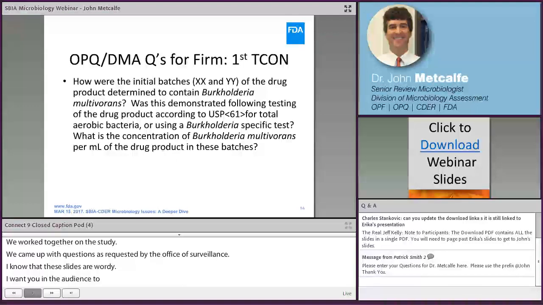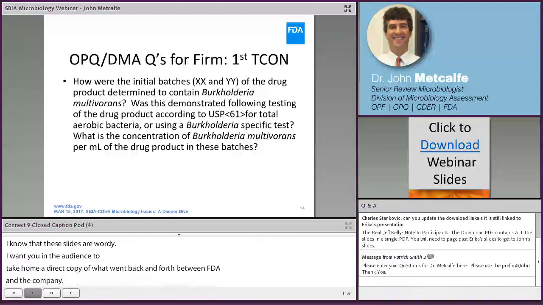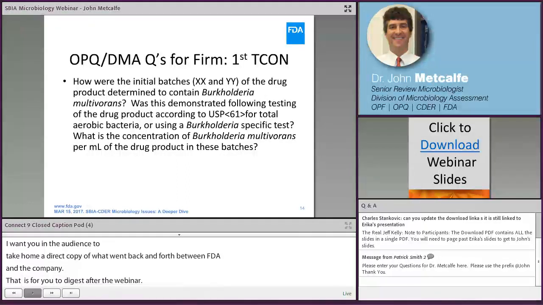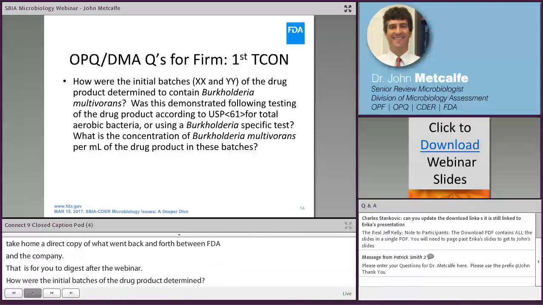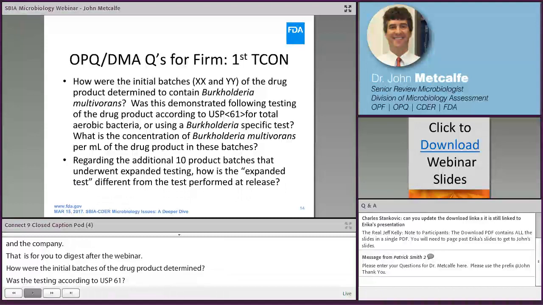First question, how were the initial batches of the drug product determined to contain Burkholderia multivorans? Was this demonstrated following testing of the drug product according to USP 61 for total aerobes or using a Burkholderia specific test? What is the concentration of Burkholderia per ml of the drug in these batches?